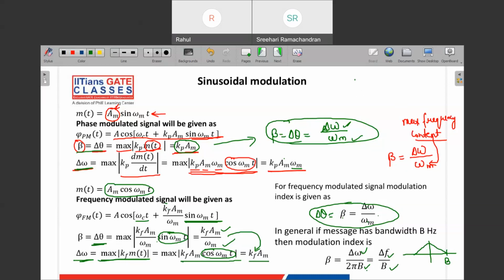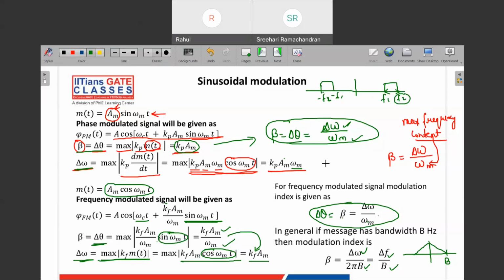So for example, let's say we have a band pass signal. Let's say this is f1, this is f2, this is minus f1, this is minus f2. This is the band pass signal. The bandwidth is equal to f2 minus f1. But when we calculate the modulation index, we should not put the bandwidth, we should put the maximum frequency content, which in this case is f2.